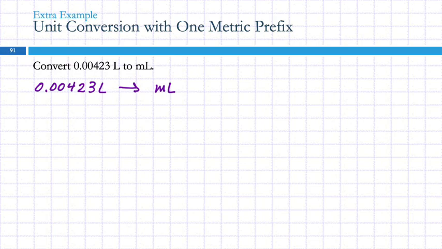So there's my path, very simple. There's only one arrow, so I'm only going to have one fraction. And the units, I start with liters and I go to milliliters. So milliliters goes on the top here, and what do I put in the bottom? Liters. I take the previous unit and I put it down here because I want those to cancel out and go away.